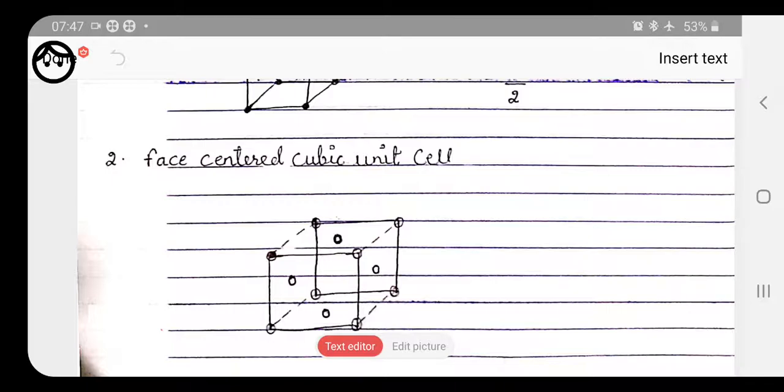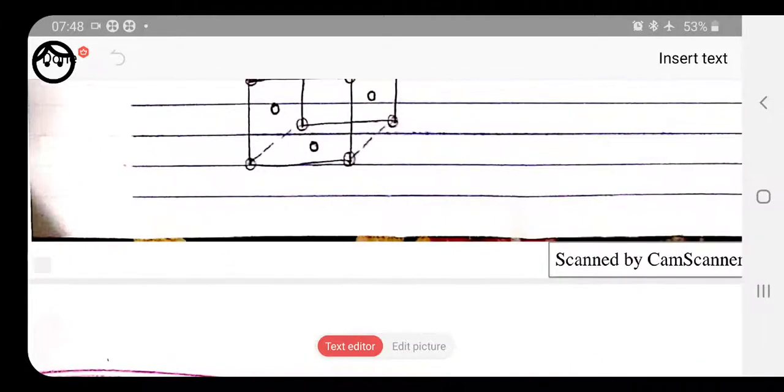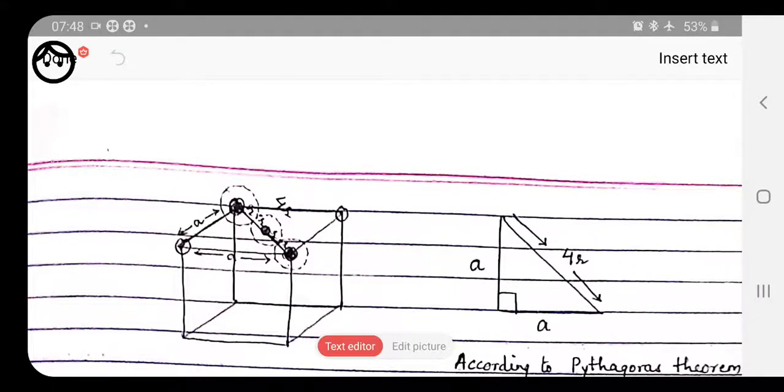So let's take one face because we have to calculate the radius. Forget about all the 6 faces. We are taking only one face, because with the help of one face we will get the radius for each face, as all have the same edge length. See, this is the next structure. Here we have constituent particles present at the corners and one at the face.